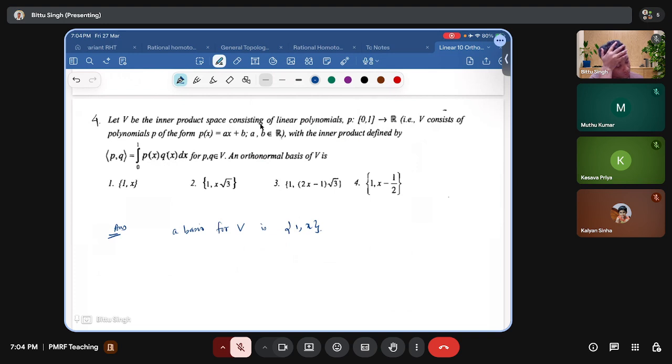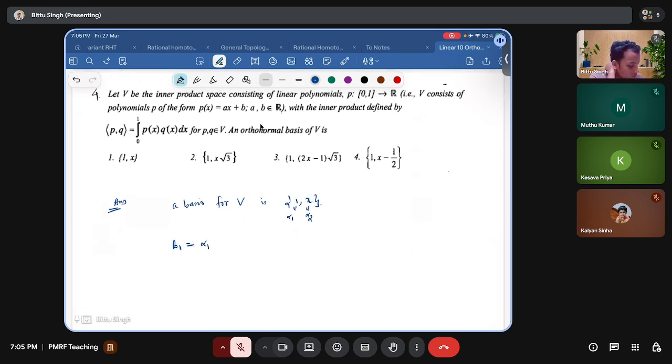Now we need to orthogonalize this basis. So initially we start with alpha 1 and alpha 2. We are trying to create an orthogonal basis out of this. So beta 1 is same as alpha 1 as usual. Now beta 2 is alpha 2 minus the projection of alpha 2 along beta 1.